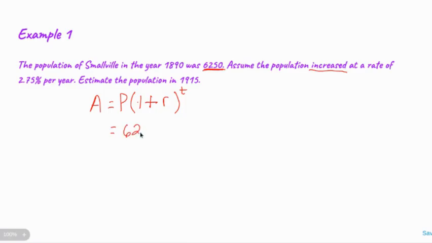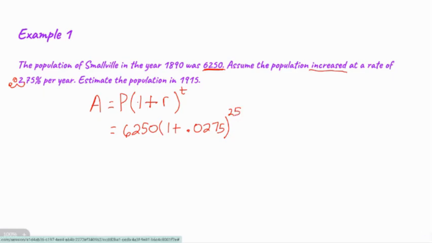So 6,250 times 1 plus, and for your rate, don't forget to move your decimal over 2 places. Always important. And there we go. And then how many years passed between 1890 to 1950? That'd be 60. Now, once you've got it set up, you are expected to do the calculations in your head. Don't reach for a calculator.